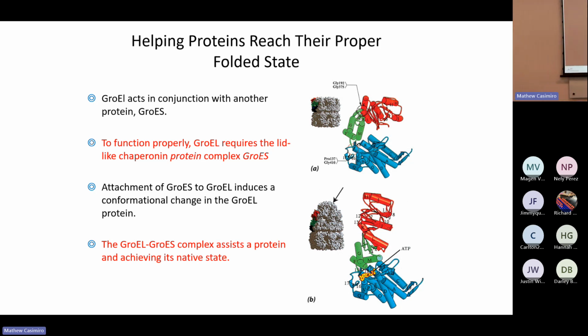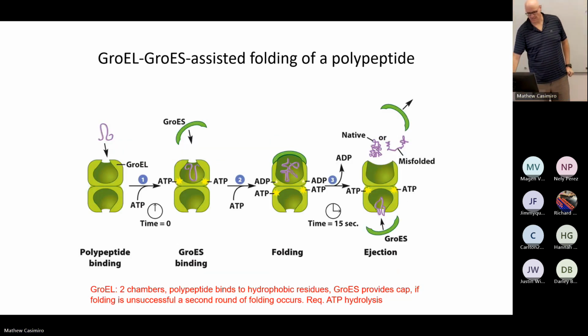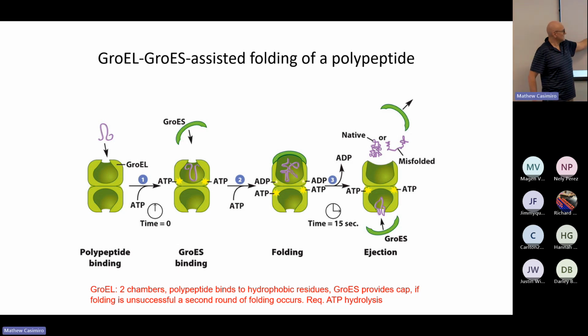This creates a chamber into which the unfolded peptide binds inside. The lid then caps the end of the chamber, and what follows is a series of ATP-ADP hydrolysis events. It's a closed chamber.